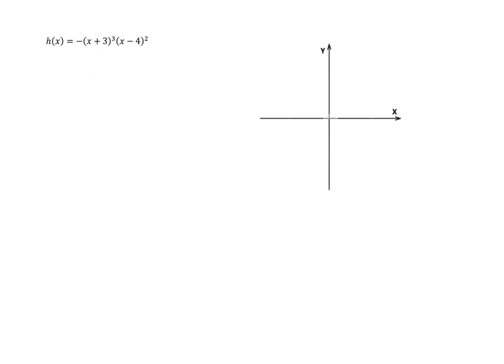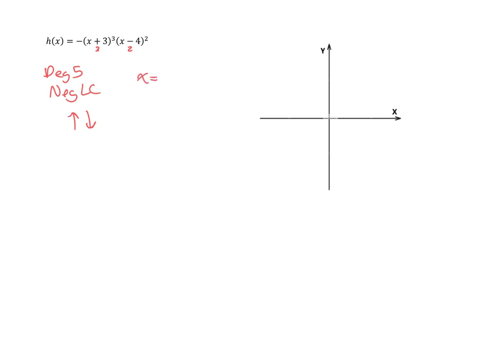Okay, so I have a polynomial where each factor has a different multiplicity. I have a multiplicity of 3 here and a multiplicity of 2 here. That is a degree of 5 and a negative leading coefficient. So my right-hand side is down. Since I'm odd, my left-hand side is up.